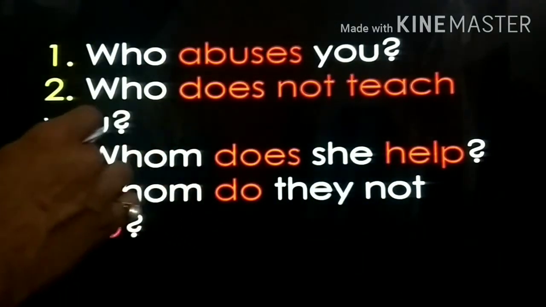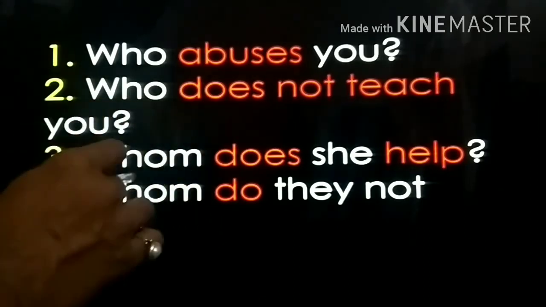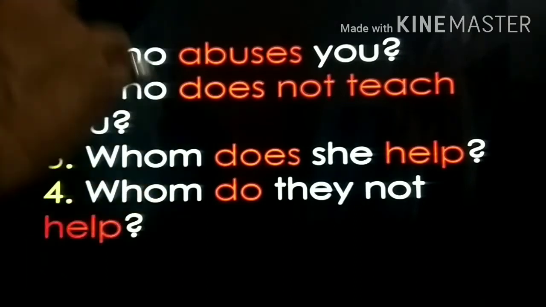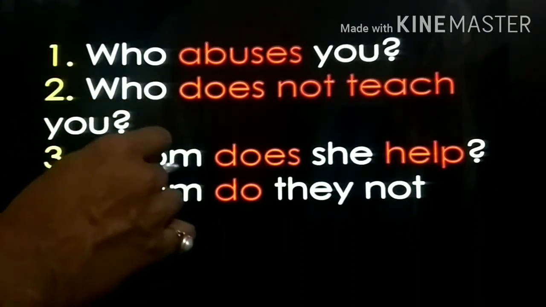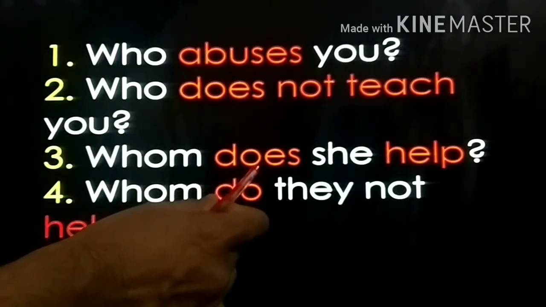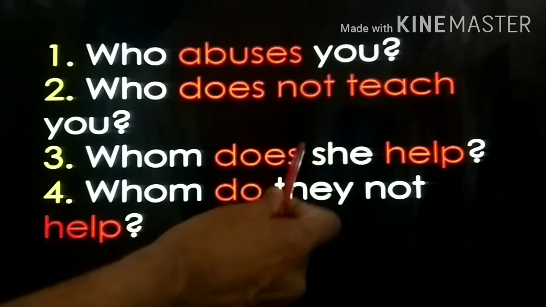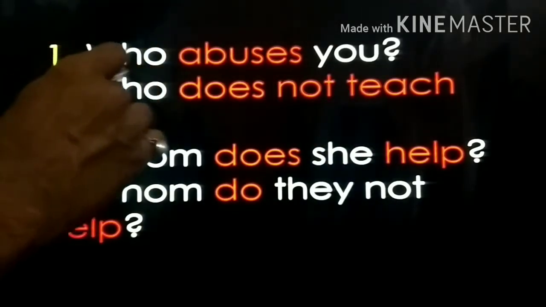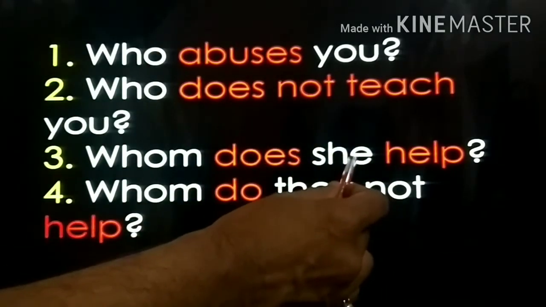Whom. Now in this sentence, this is the question word, and it is working as an object. We have written the question word, after that does, according to she, because in this sentence the subject is she. In the previous sentence the subject and question word is who, but in this sentence the subject is she.